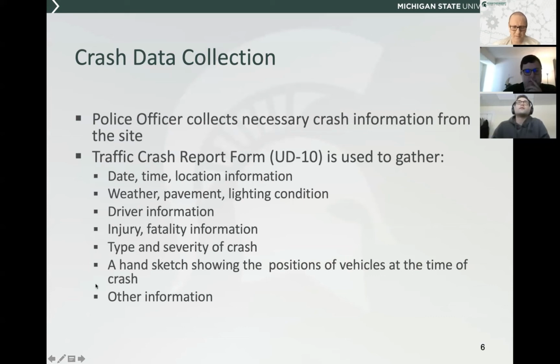One of the most valuable pieces of information historically has been the diagram and narrative section of the crash report. And that's something where one of the things that hasn't been quite as good, I would argue, broadly, with the transition to electronic crash reports, is that sometimes they won't include a diagram as an example, whereas on the old paper-based forms, and I guess I don't have any data that reinforces this necessarily, it seemed like there was more complete information on the paper-based forms in the diagram section specifically.